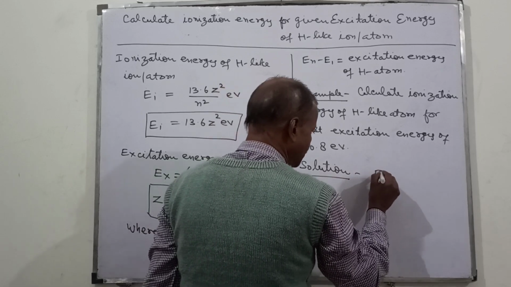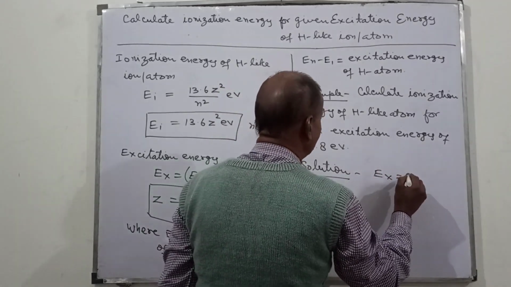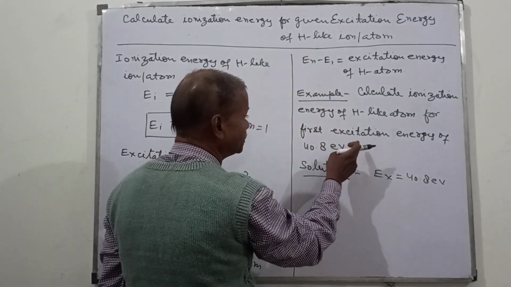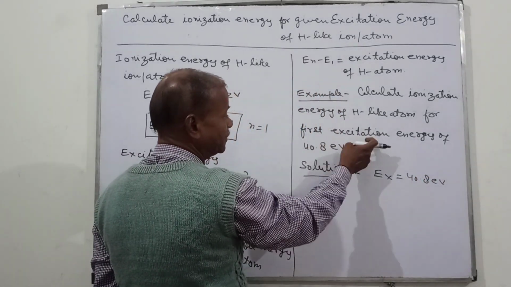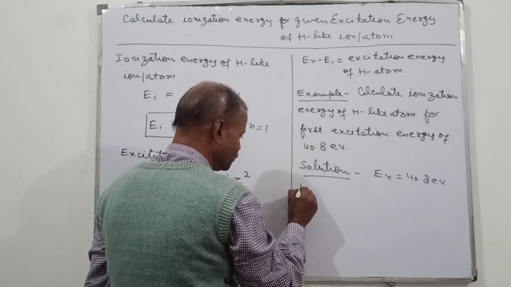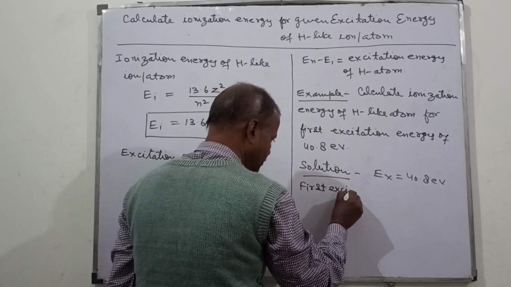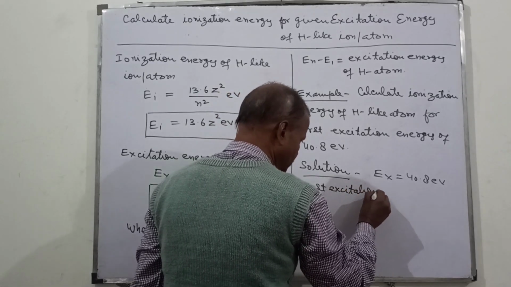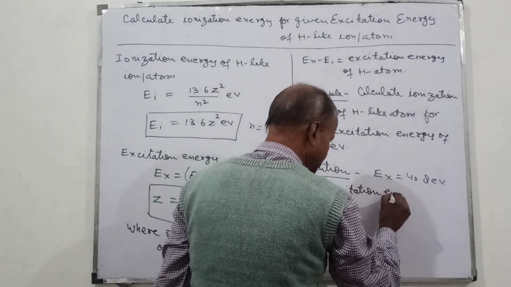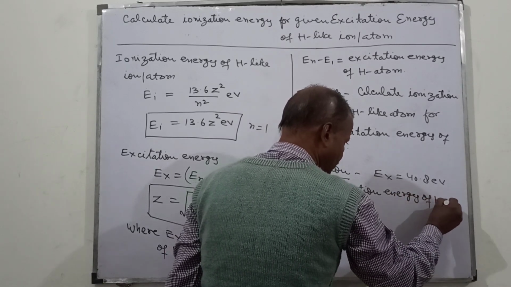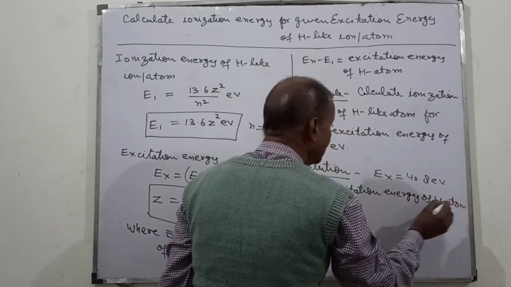Solution. Now Ex equal to 40.8 electron volt, or this is now first excitation energy. Remember, first excitation energy of hydrogen atom.